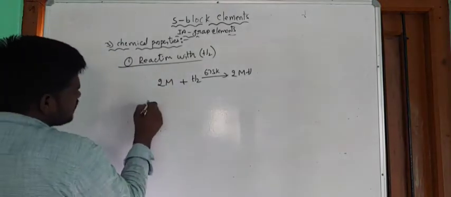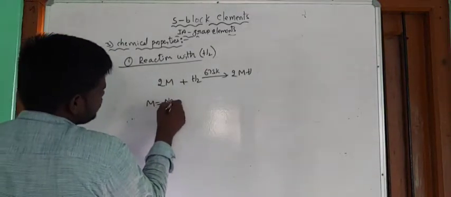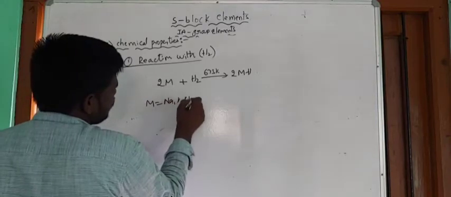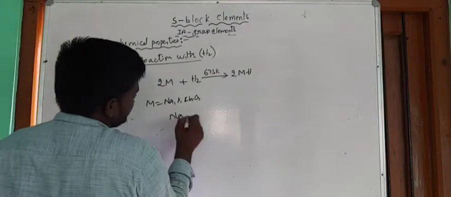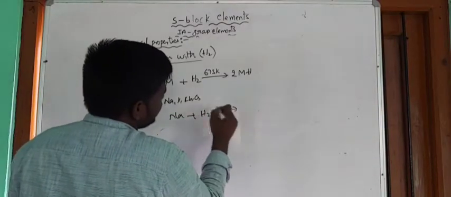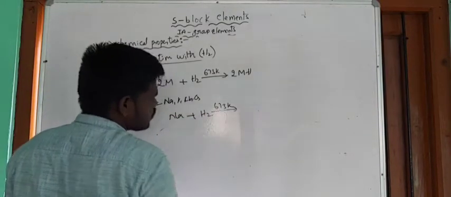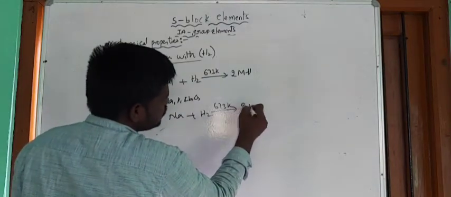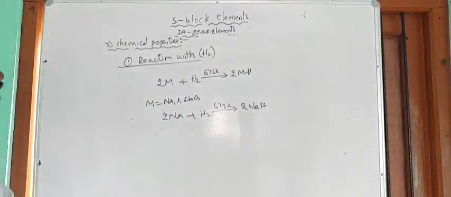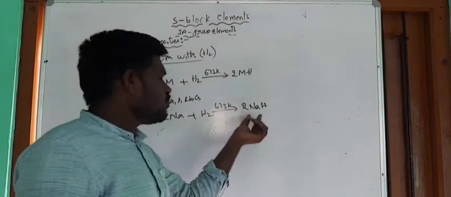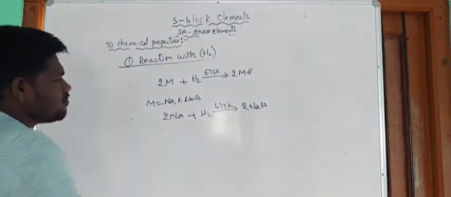Here M means sodium, potassium, rubidium and cesium. When sodium is treated with hydrogen at 673 kelvins, it gives 2 moles of sodium hydride. If you take potassium, it gives 2 moles of KH, potassium hydride.